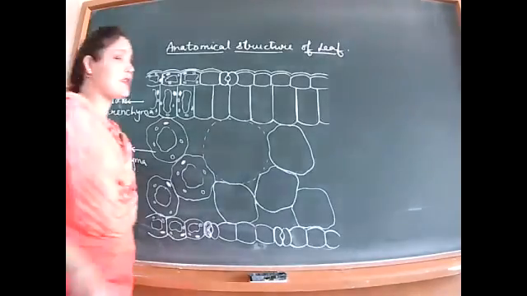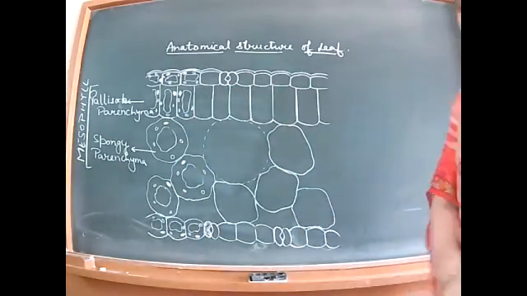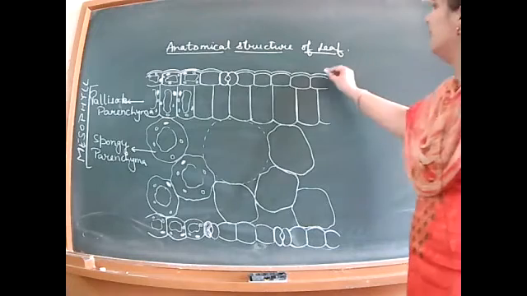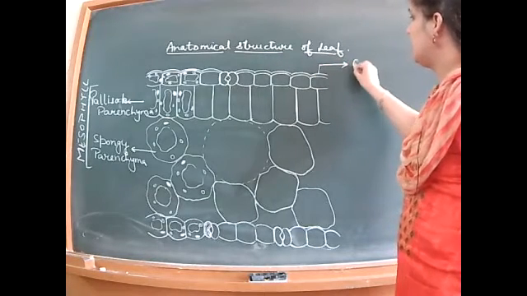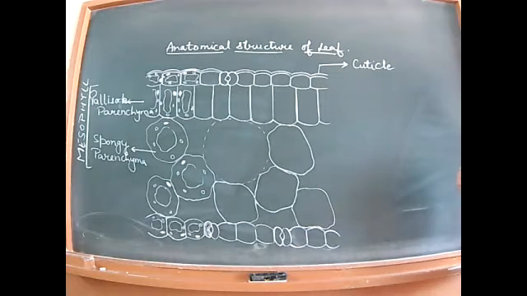So now, first of all, finishing the labeling of this, and then we will start with the midrib parts. First of all, this is the uppermost layer, which is called cuticle, C-U-T-I-C-L-E.